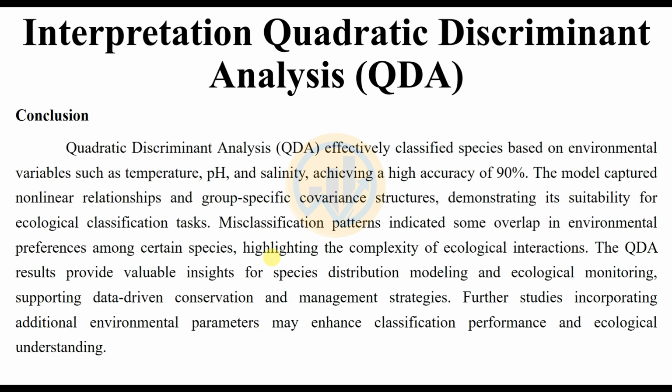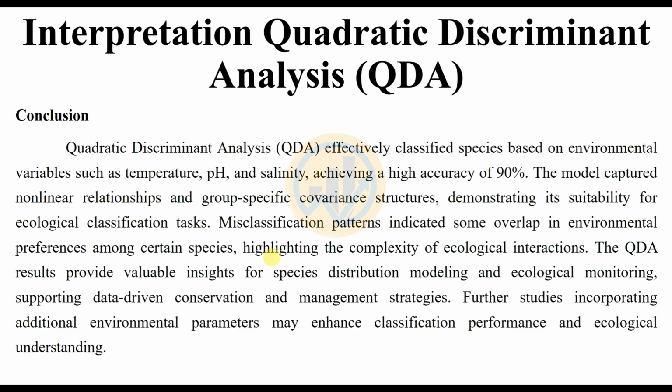The conclusions for the QDA. QDA effectively classified the species based on environmental variables such as temperature, pH and salinity, achieving a high accuracy of 90%. The model captures non-linear relationships and group-specific covariance structures, demonstrating its suitability for ecological classification tasks. The misclassification patterns indicate some overlap in environmental preferences among certain species, highlighting the complexity of ecological interactions.